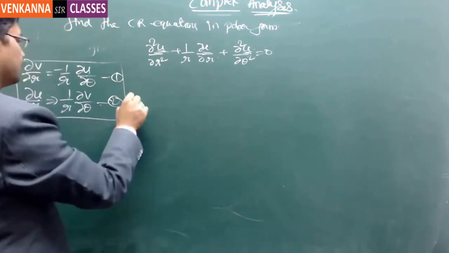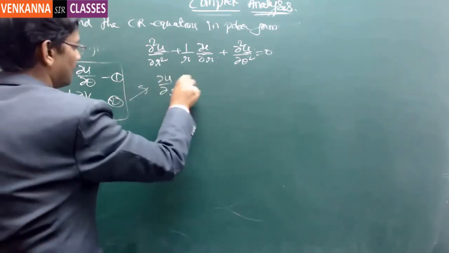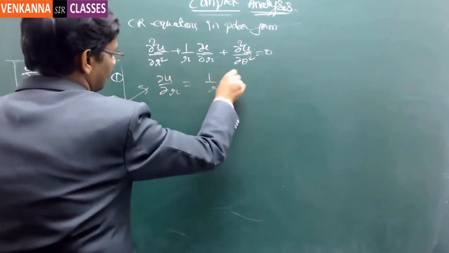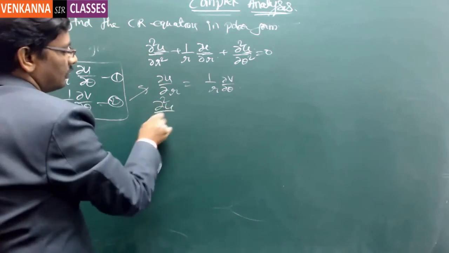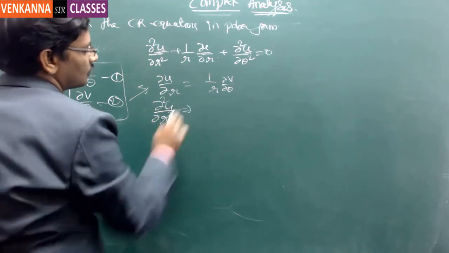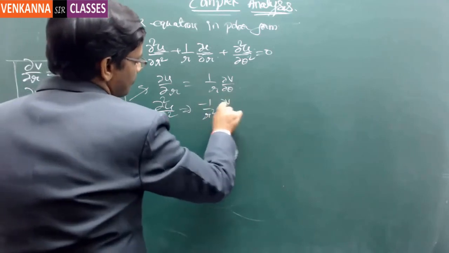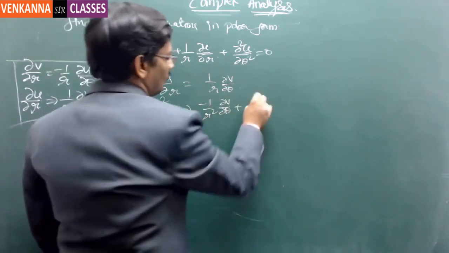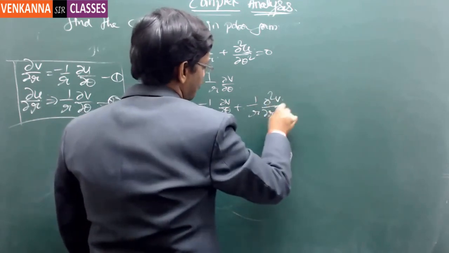I take this one first. Dou u by dou r is equal to 1 by r times of dou v by dou theta. Now if I take the derivative with respect to r again, dou square u by dou r square is equal to minus 1 by r square into dou v by dou theta plus 1 by r times of dou square v by dou r dou theta.